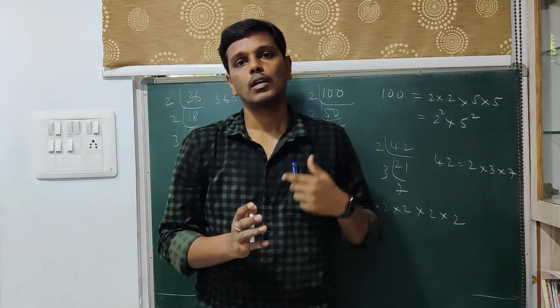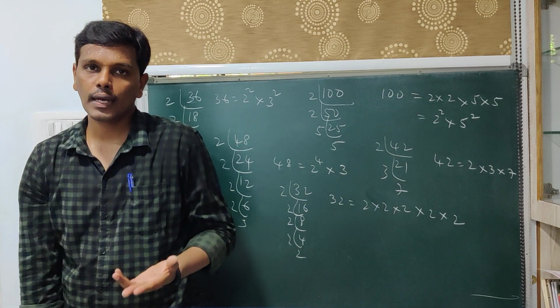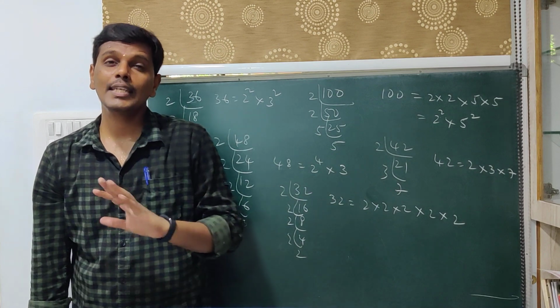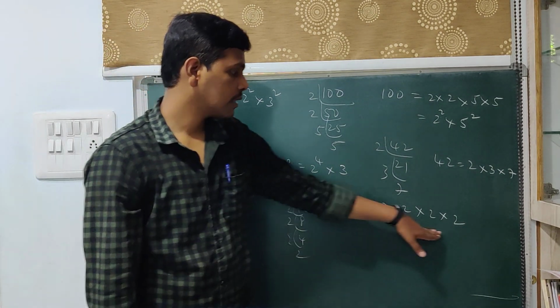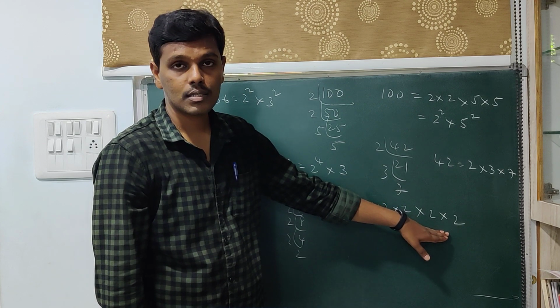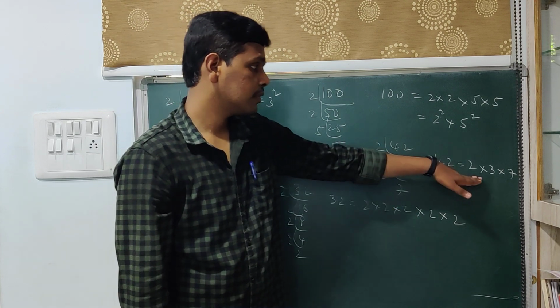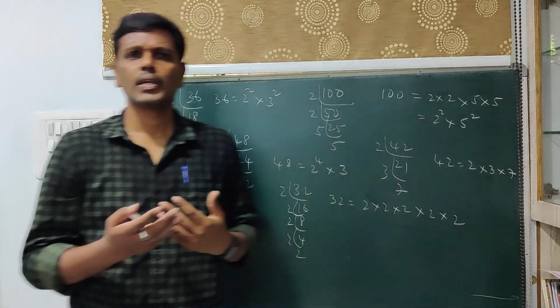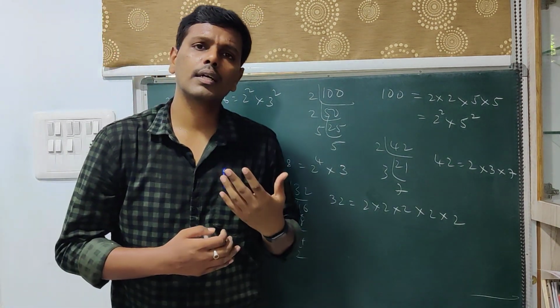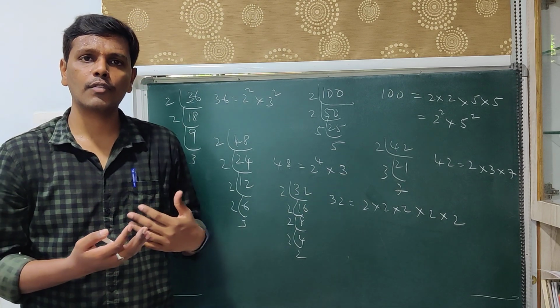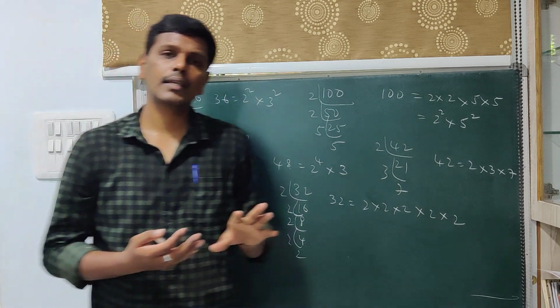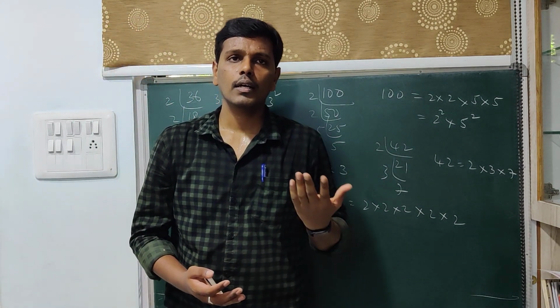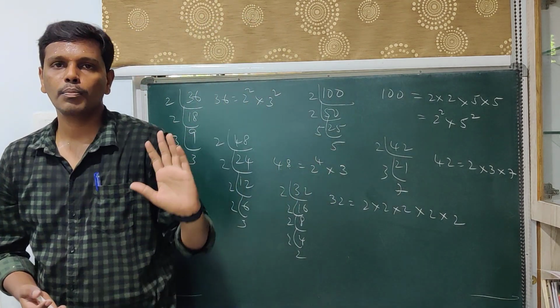Given a composite number, you can write it as a product of prime factors, and the prime factors need not be distinct. This is one case where the prime factors are not distinct. Here this is a case where the prime factors are distinct, distinct in the sense different. It is not that every time you need to get the same prime factor or different prime factors. The point to be taken here is that a composite number can be written as a product of prime factors.